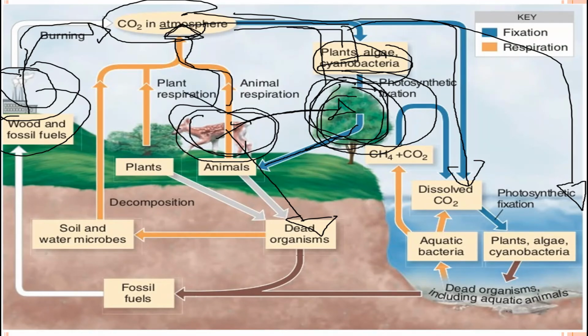After their death, they are decomposed with the help of decomposers, and these carbons are returned back to the atmosphere. It is the same with the soil and microbes, which act as decomposers and return all of the dead decaying material which has carbon in it to the atmosphere.